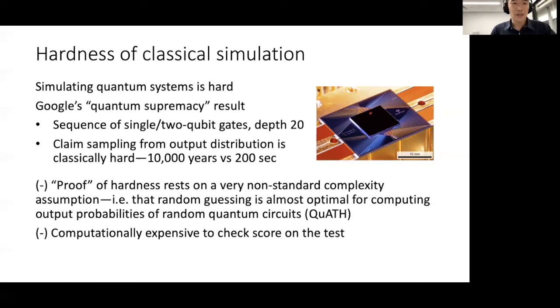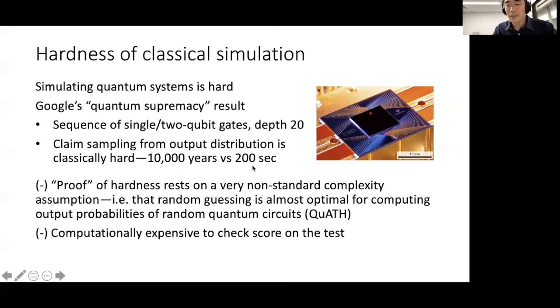For example, Google in 2019 claimed to have demonstrated quantum computational advantage using their Sycamore processor. They performed a sequence of single and 2-qubit gates for up to 20 layers of circuit depth. And they claimed that sampling from the resulting state would take 10,000 years to simulate on a classical computer, as opposed to only taking 20 seconds to sample from on their device.